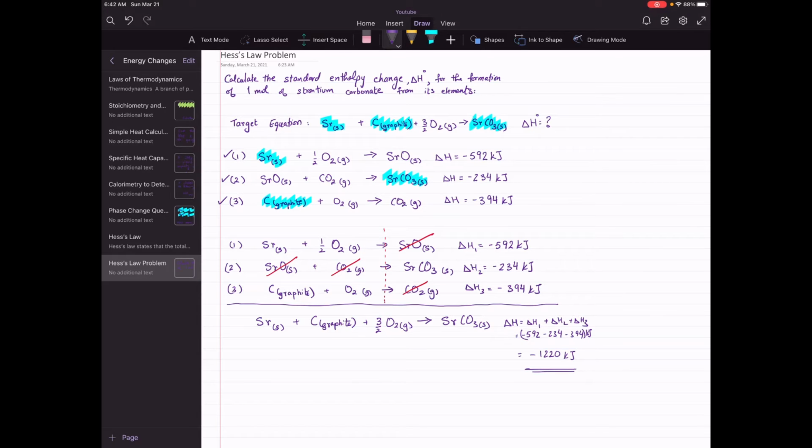Either you can flip the equation, in which case the delta H is multiplied by -1, or you can multiply the entire equation by a coefficient, which could be a fraction or a whole number. I hope you are able to grasp the concept of Hess's law and how to use Hess's law to solve problems.